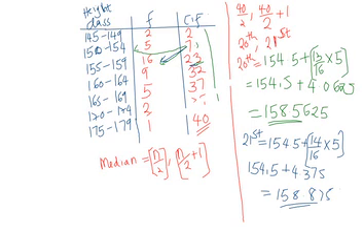To get the median of this data, we need to take the height of 20th student plus the height of the 21st student, then we divide by 2. So we have 158.5625, that is for the 20th student, plus 158.875 for 21st student.